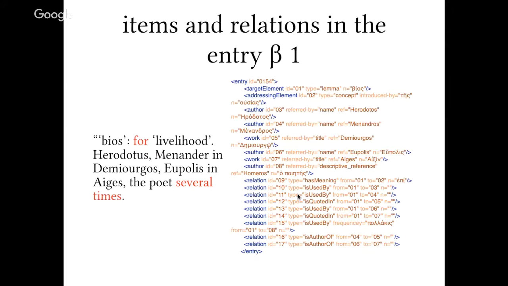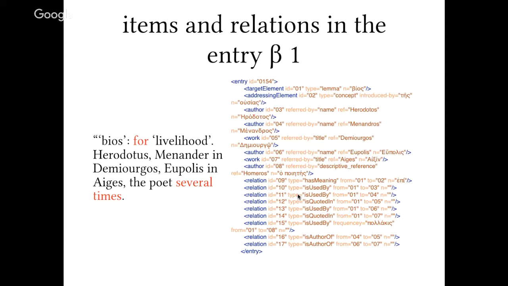Now let's go through the entries once more that I presented before. This is the entry bios, which has the meaning livelihood. And this is my experiment with the annotation.